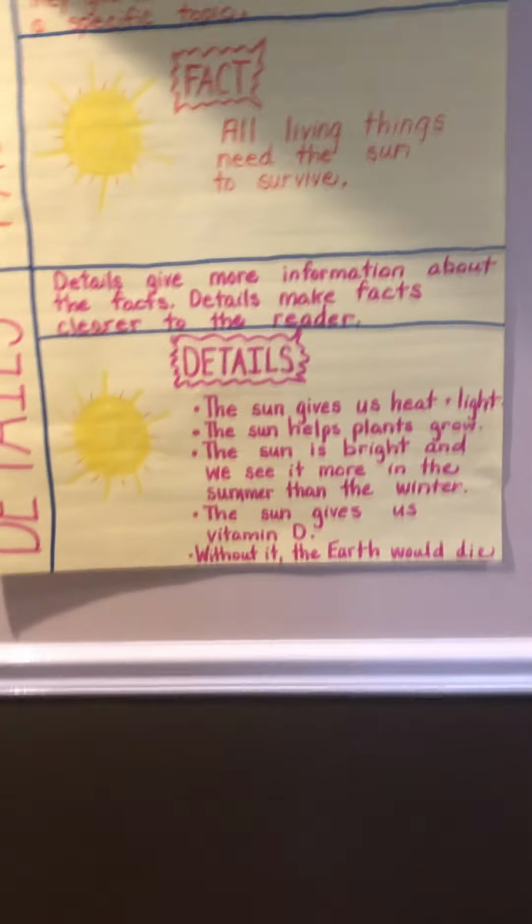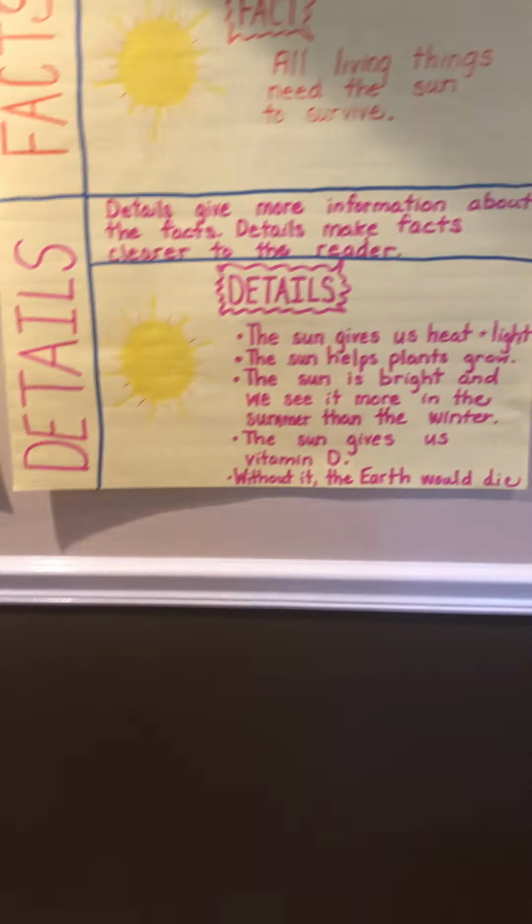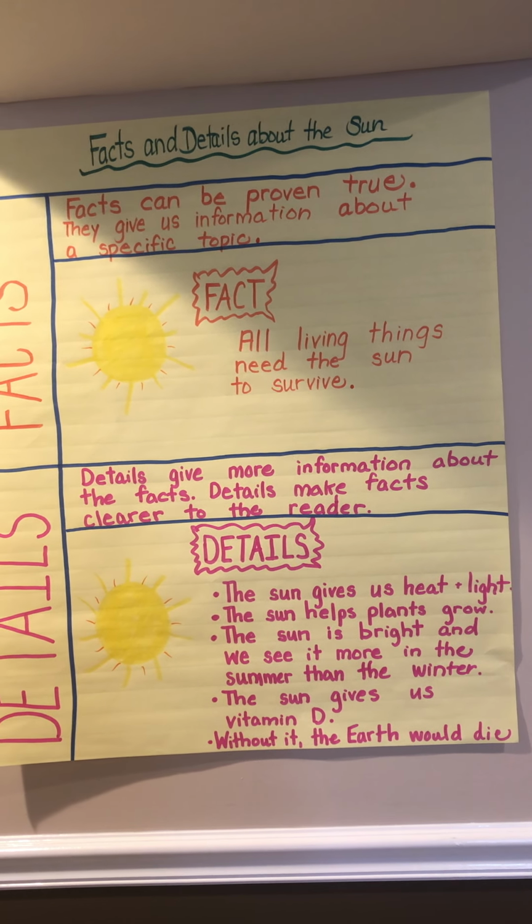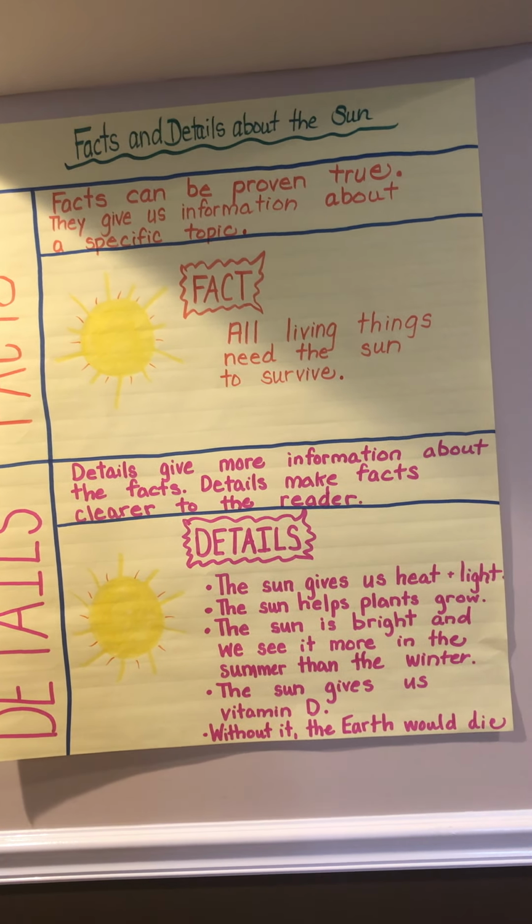So down here we're at the facts about the sun, and it says here are the details about the sun. The details are the sun gives us heat and light. Okay, so going back to my fact, that definitely helps things survive. All things need heat and all things need light, and the sun is that constant source of both. What's another detail?